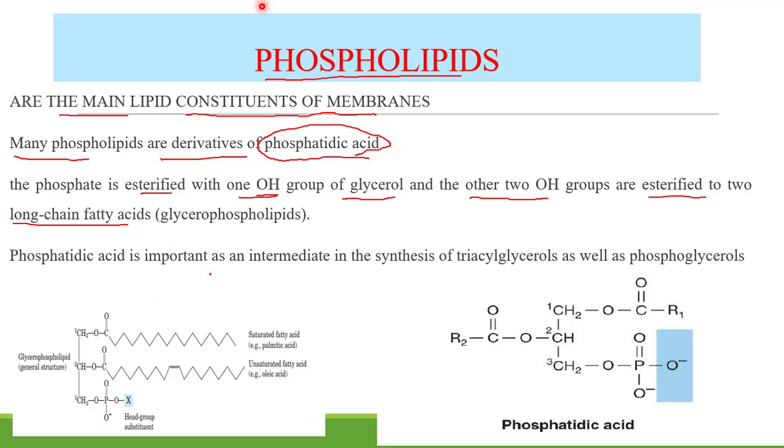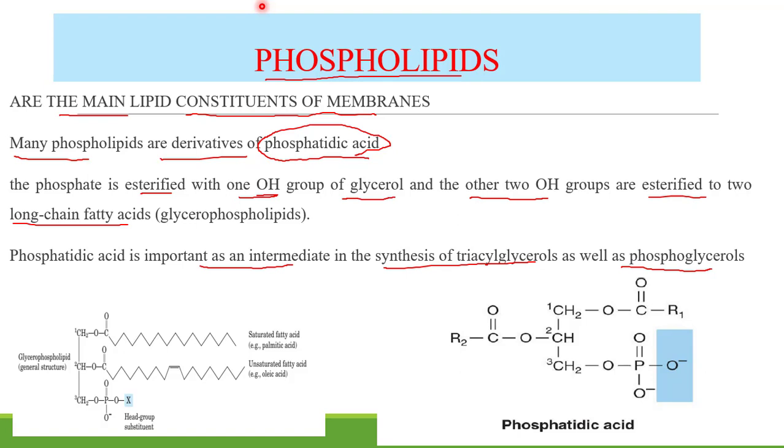Phosphatidic acid is important as an intermediate in the synthesis of triacylglycerol as well as phosphoglycerols, but is not found in any great quantity in tissue.